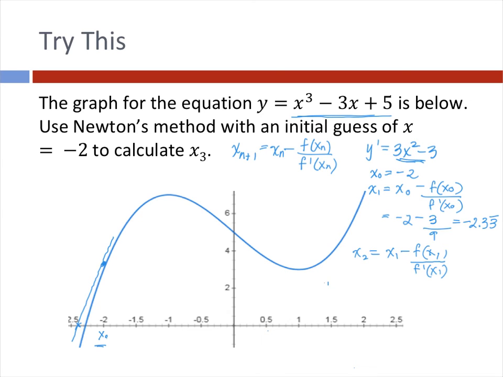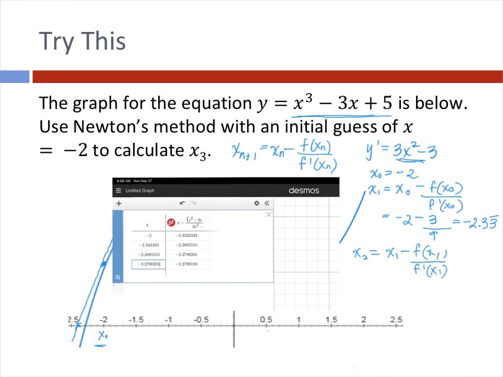And I'm going to go ahead and do that so that it's more time efficient. So I've done that on the Desmos calculator, and I get that x2 is going to be -2.2895, so on. And then we're going to use that to calculate x3. And as you can see from the table, x3 is going to be negative 2.2790201.